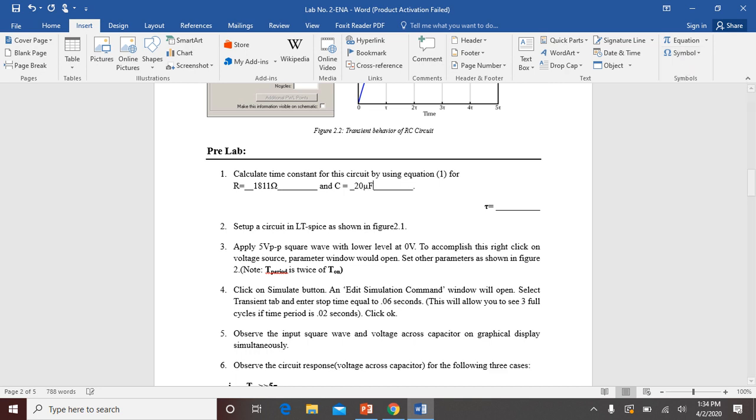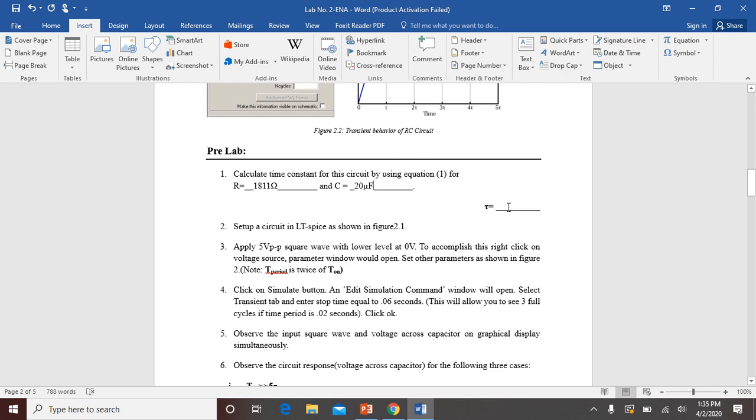So every student will have to take their roll number as the value of resistance and capacitance. I have shown you how you are going to take the value from your roll number: the first 4 digits as your resistance and the last 2 as your capacitance with micro.